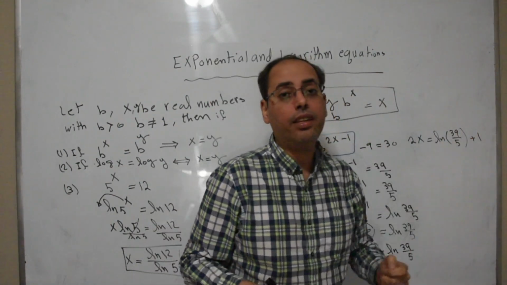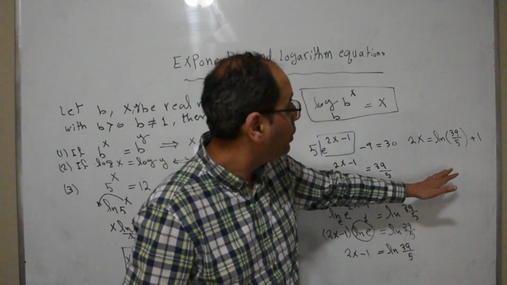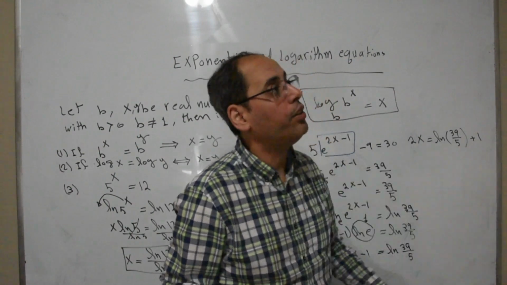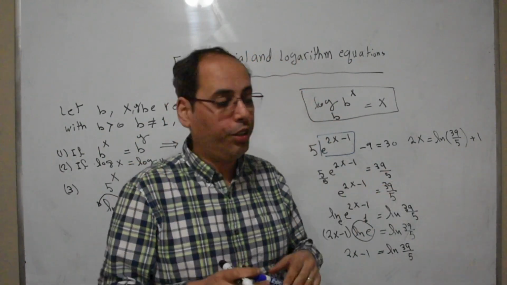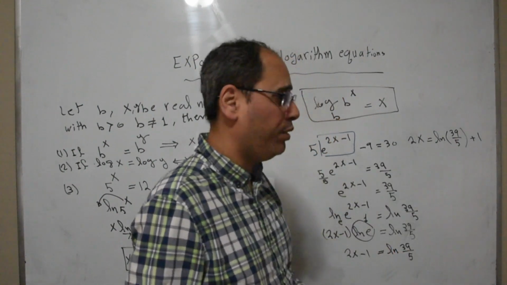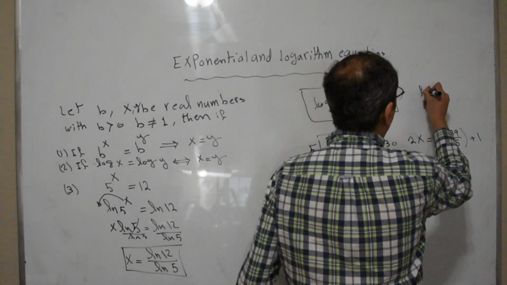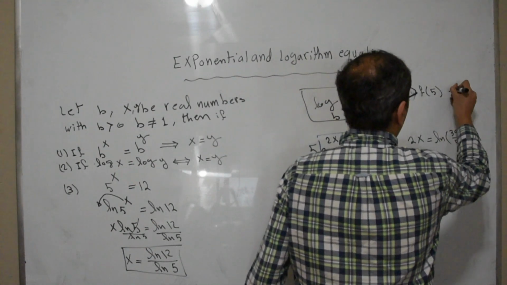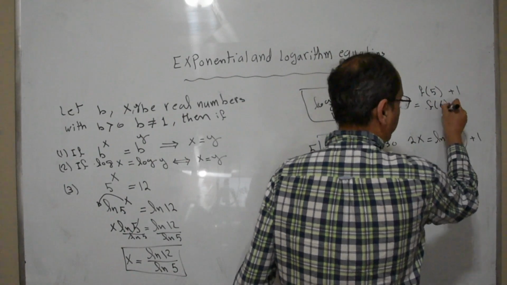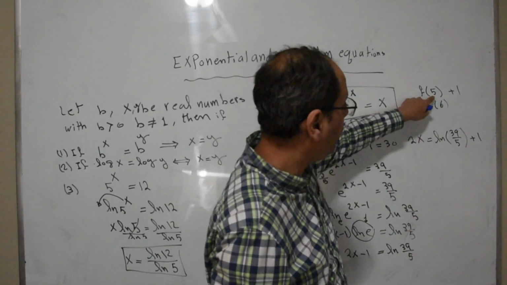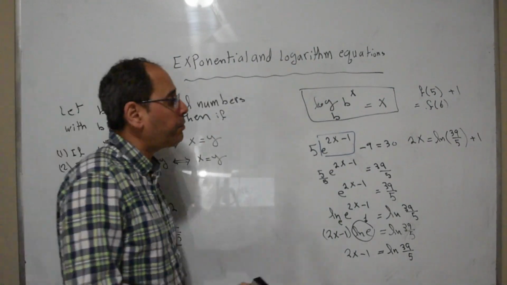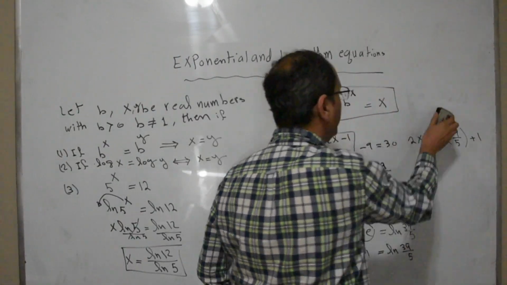The argument is the input of the natural log function, but this is a kind of shifting of the function. So this one and the 39 over 5 are totally different. It's similar to f of 5 plus 1. This is not equal to f of 6, right? Because this is the argument, we can't add them together. I hope that this is clear.